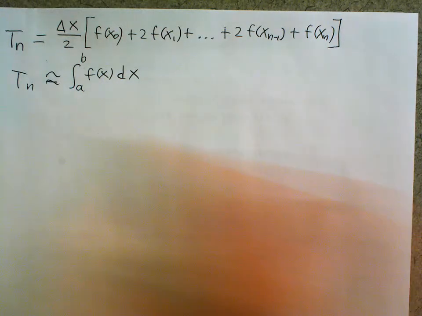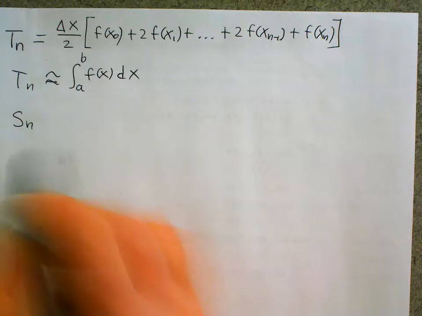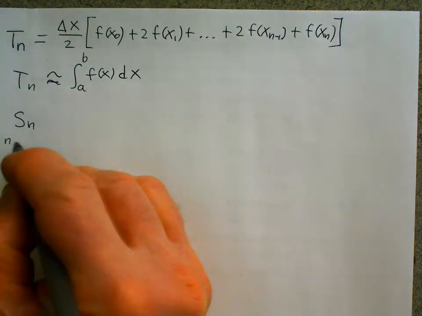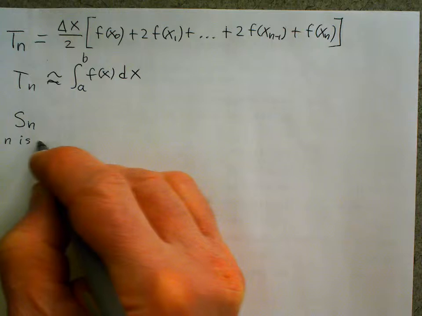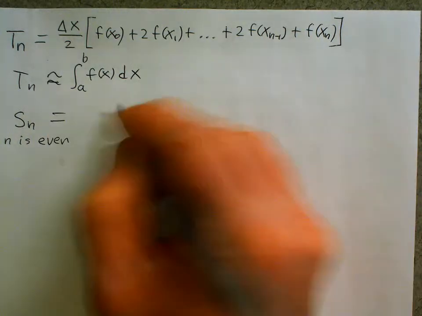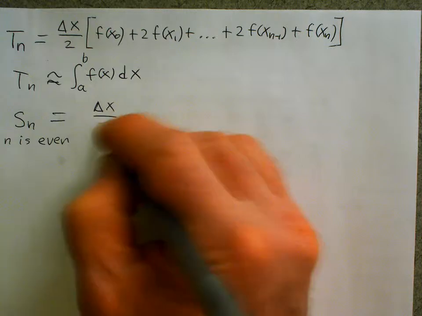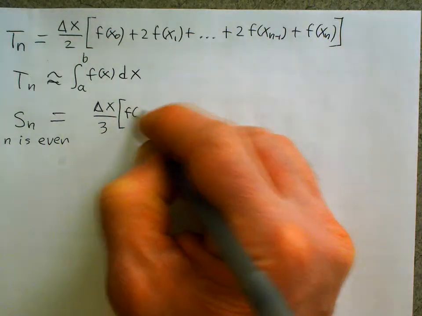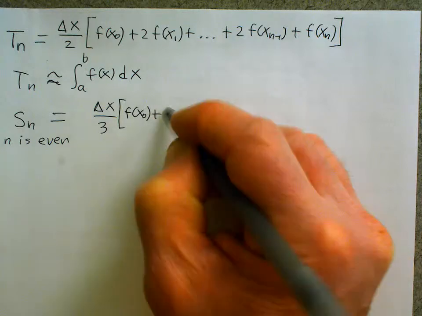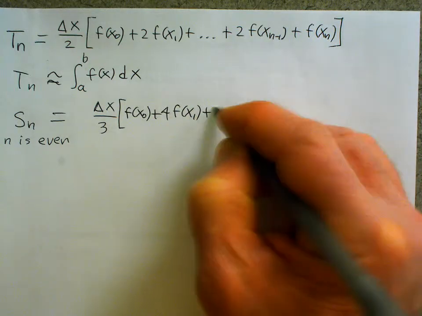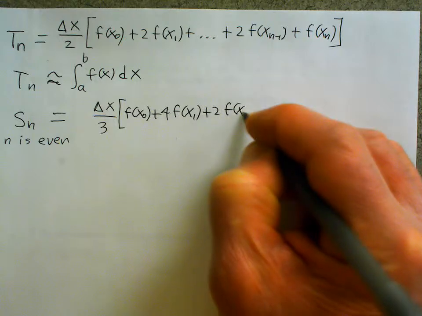Simpson's rule. Remember, when you're using Simpson's rule, the number of intervals is even, so the number n is even. So Simpson's rule is delta x over 3 times the quantity f of x sub 0 plus 4 times f of x sub 1 plus 2 times f of x sub 2.